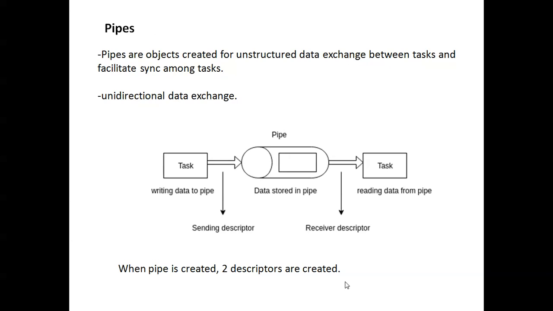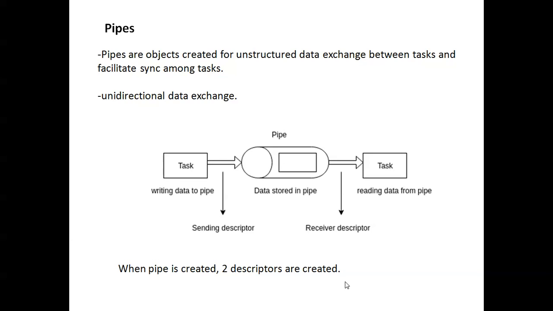And next one is pipe. Pipes are objects created for unstructured data exchange between tasks and facilitate synchronization among the tasks. So pipes are objects created for unstructured data, and the data will be exchanged between one task and another task.